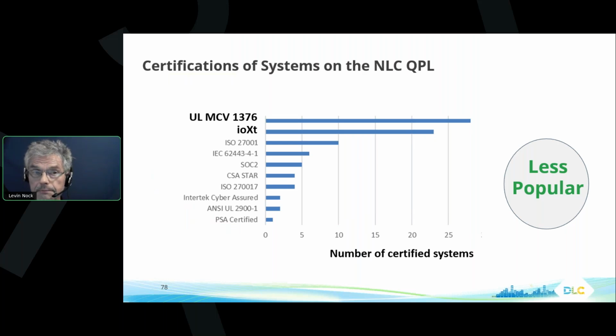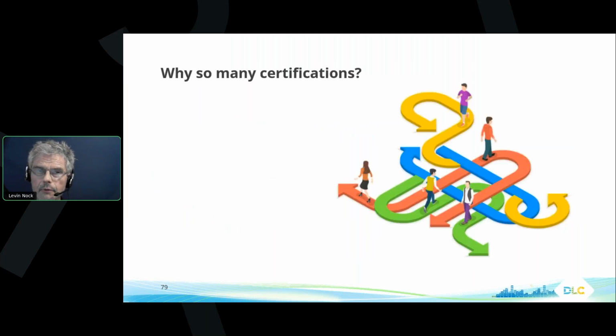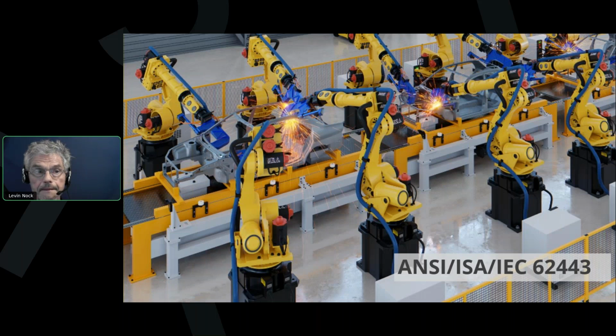Given that most NLC products use one of those 2, you may be wondering what all the other certifications are for. Most of them were developed for other types of products, and in some situations are appropriate for network lighting controls. For instance, the 62443 series of standards was developed for industrial automation and control in automated factories. By the way, some of these standards were developed by one organization and then adopted by others over time.